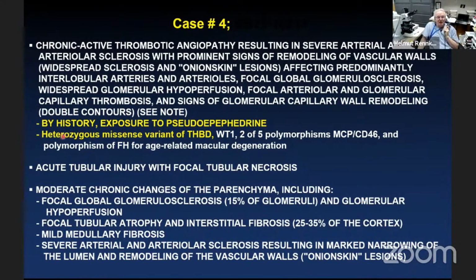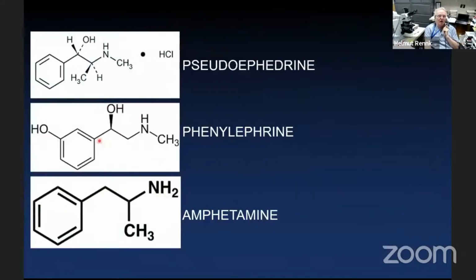So this, by history, he had exposure to pseudoephedrine, of course, excessively. But then the genetic studies showed that he had, among many other polymorphisms, a heterozygous missense variant of thrombospondin. And this is clearly a variant that is associated with atypical HUS, if you want, or thrombotic angiopathy in general.